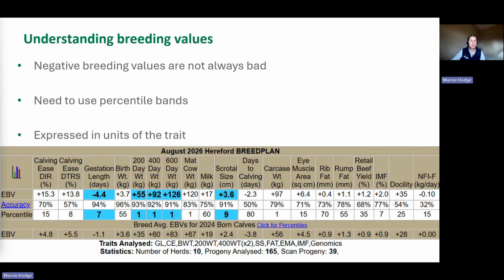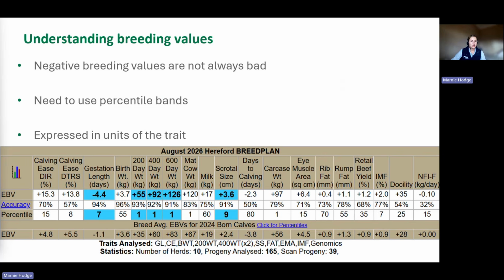The other thing that's really important when it comes to breeding values is where that actual value, the ASBV or the EBV, sits relative to the percentile bands. A percentile band shows us the spread in industry for a particular trait, so what the range in performance is for all animals in that evaluation for that particular trait.